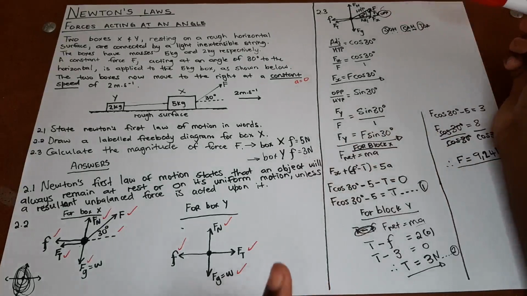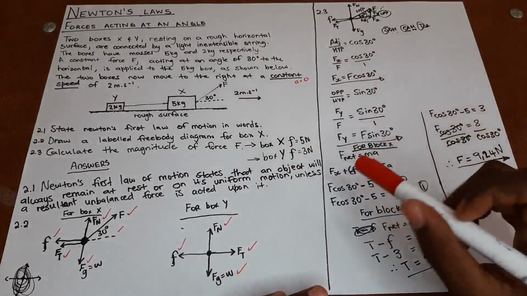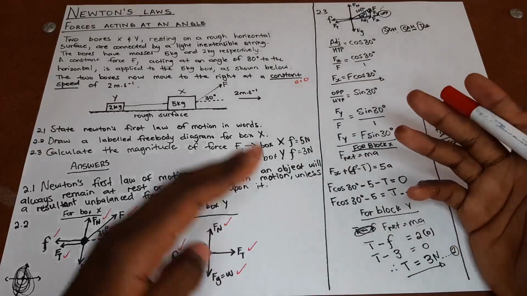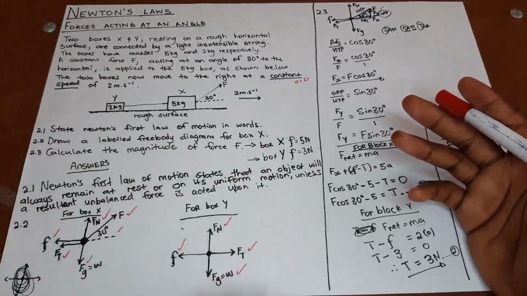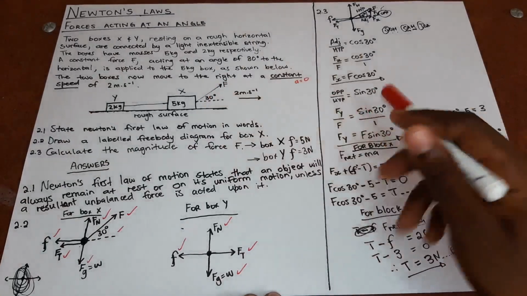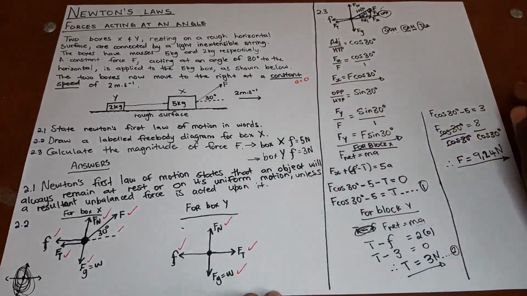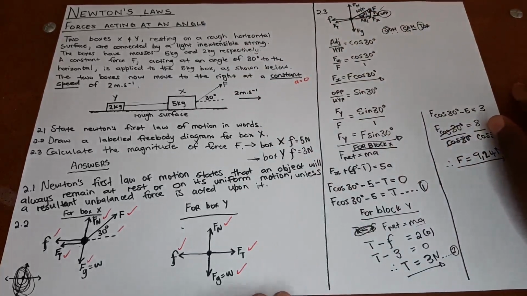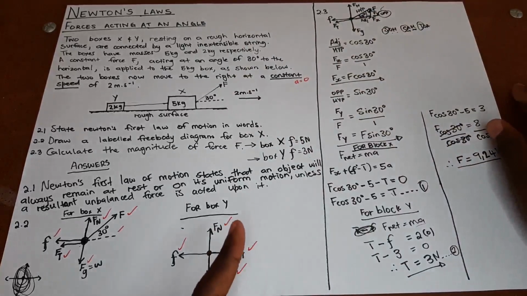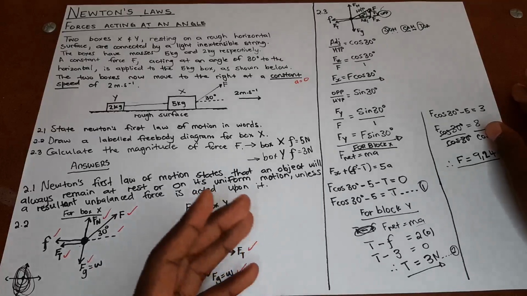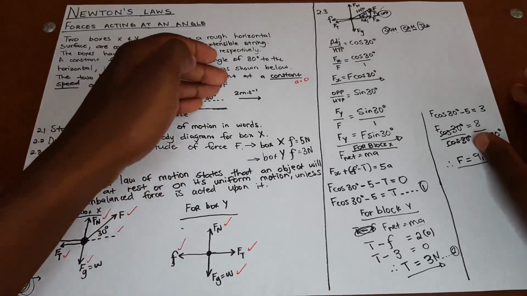Secondly, I was supposed to start with this one, which is very, very important. This is highly vital for you to always apply and consider. If ever you are given a force that is acting at an angle, as you can see here, rotated by 30 degrees, this basically means we can't work effectively with this force as it is.